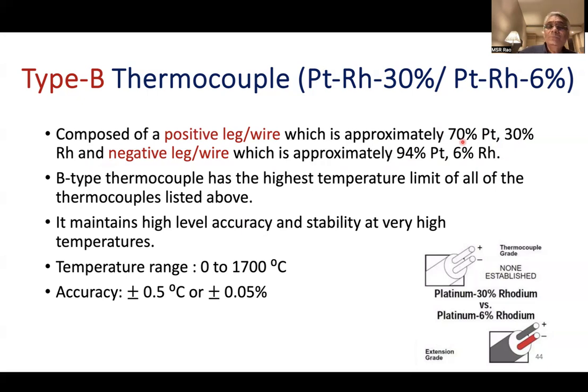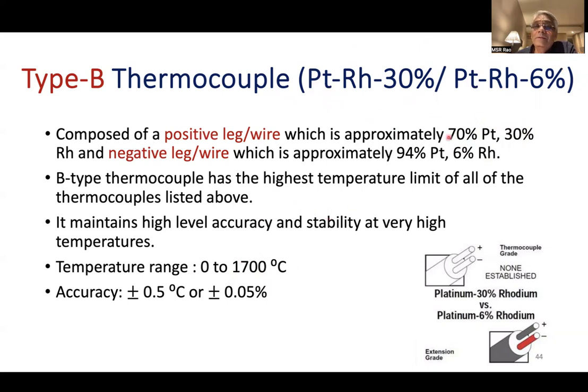But the problem comes when you have two elements that have different vapor pressures, in the sense that one element has a higher melting point compared to the other one. So what do you do in that case? You may not end up getting the exact 70-30 here, 94-6 there. But this is what is required to make a type B thermocouple for accurate measurements.